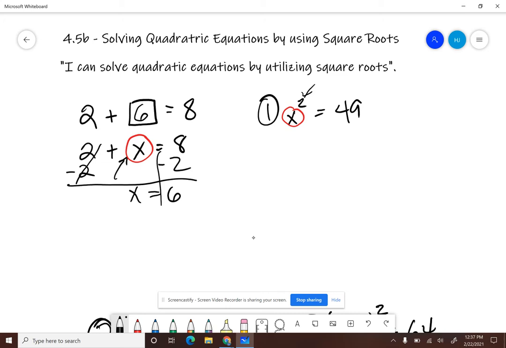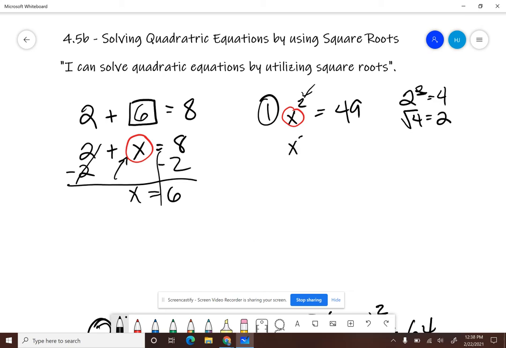Remember, I had to do inverse operations. So what's the inverse of squaring something? Well, if I take 2 squared, that gives me 4, and the square root of 4 also gives me 2. So the inverse of squaring something is to take the square root of it.